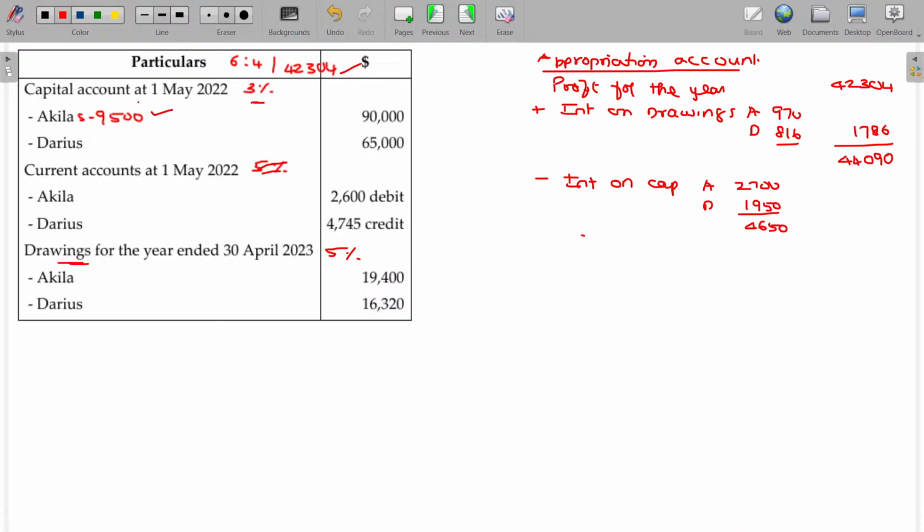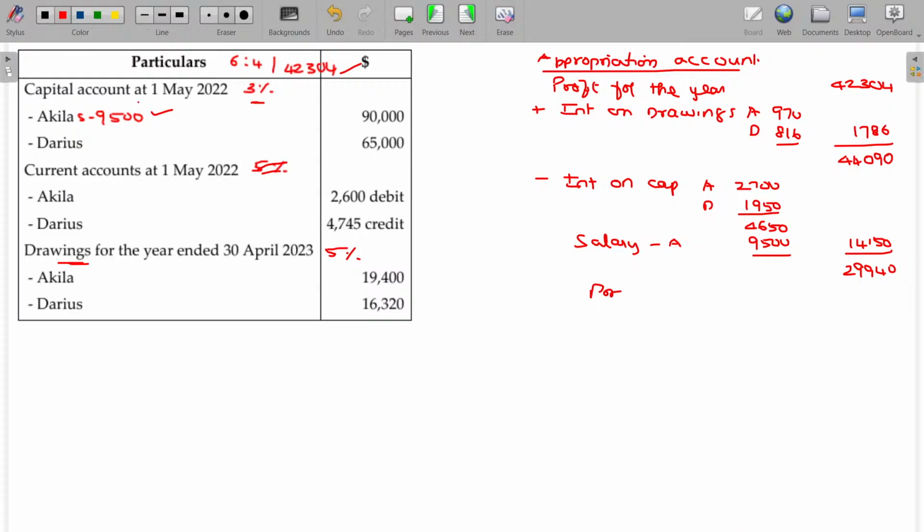Salary payable to Aquila 9,500. The overall amount subtracted from this 44,090 being 14,150. If we subtract, the ultimate value being 29,940 is going to be shared between Aquila and Darius.